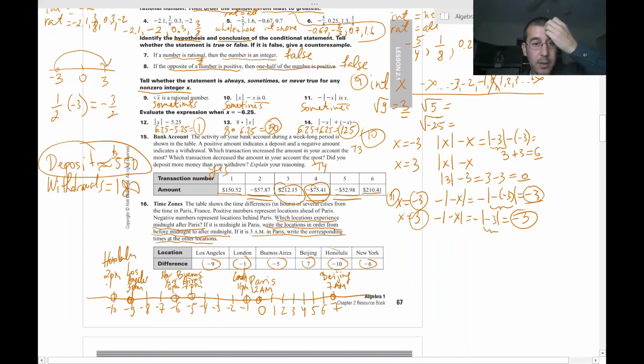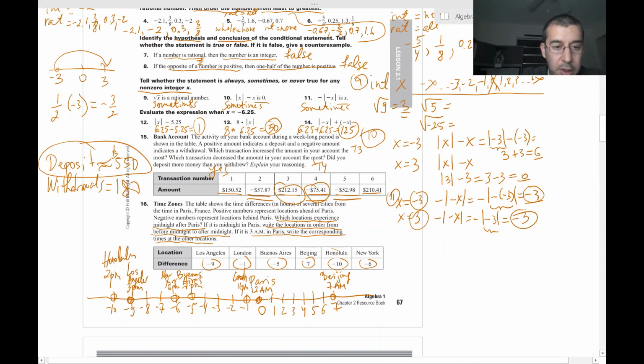Now the 3 questions that we have to answer hopefully go much easier. So the first question: which locations experience midnight after Paris? When it's midnight here at Paris, these locations to the left have not experienced midnight, and will experience midnight after Paris. Which ones are those?